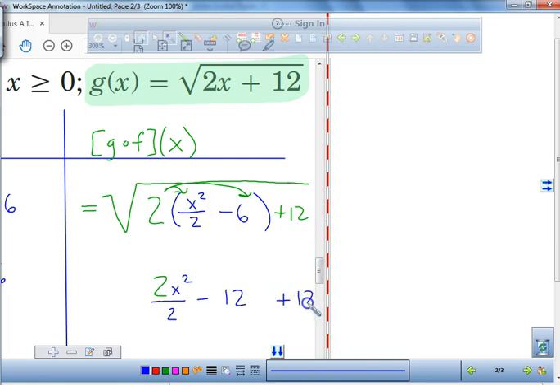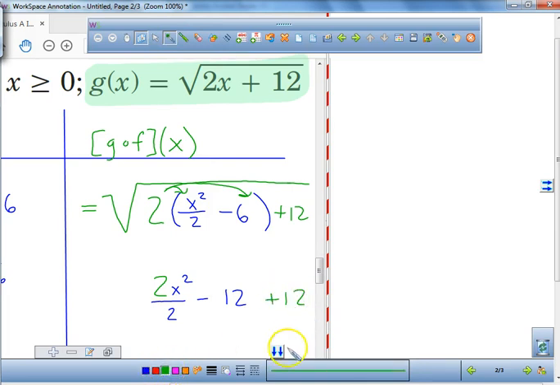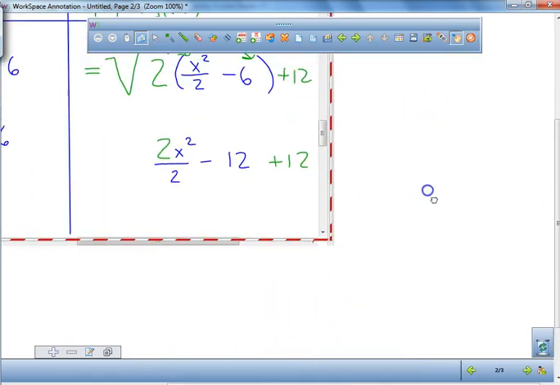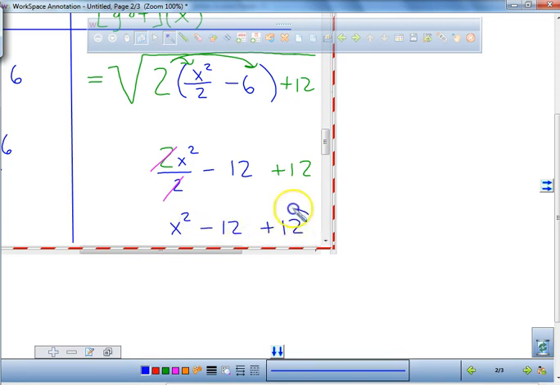Just a plus 12. I'll change that to green. So, 2 divided by 2 is 1. So we have a 1 x squared minus a 12 plus a 12. What happens to those? They cancel out.